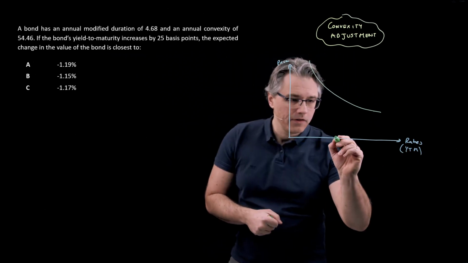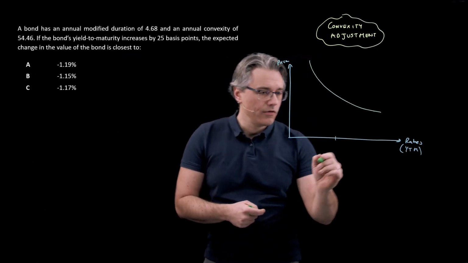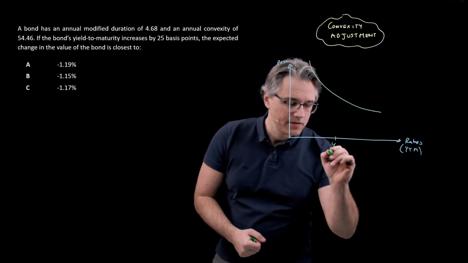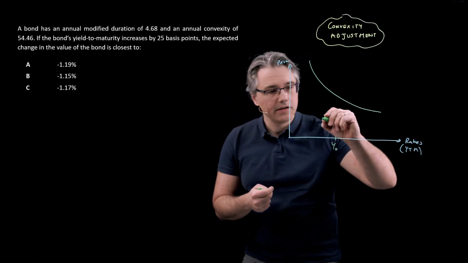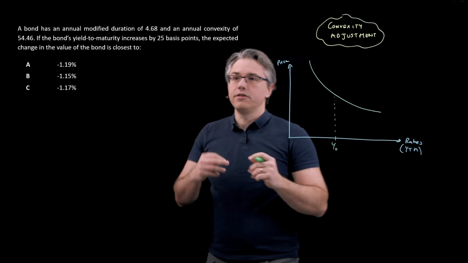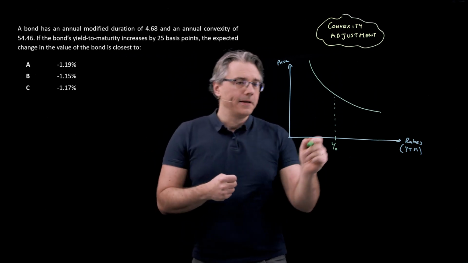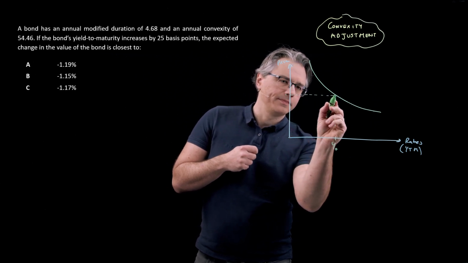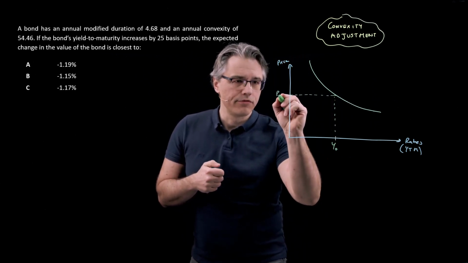Now, if this is a starting point, so the initial level of rates or yields, some kind of yield 0, whatever it may be. And in this question, we're not even given a starting point. We're just told about what the change is. And this is the initial price.